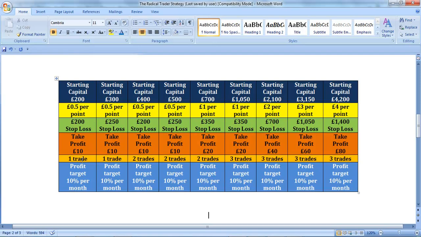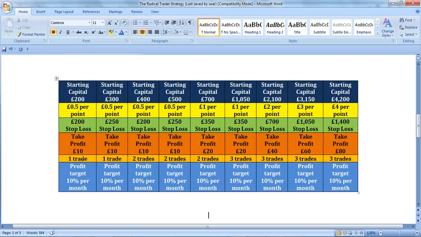And we don't want to lose money. Remember, our profit target for the month is 10% a month. But we know that if you are starting with, let's say, 500 pounds, and you put a stake of 0.5, which is 50p per point it rises up or comes down, and you put a stop loss of 250, we know that for a particular day the market does not drop 500 points down.